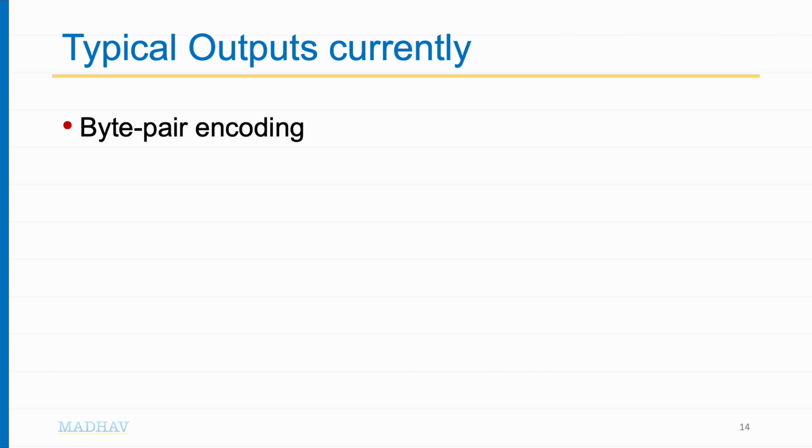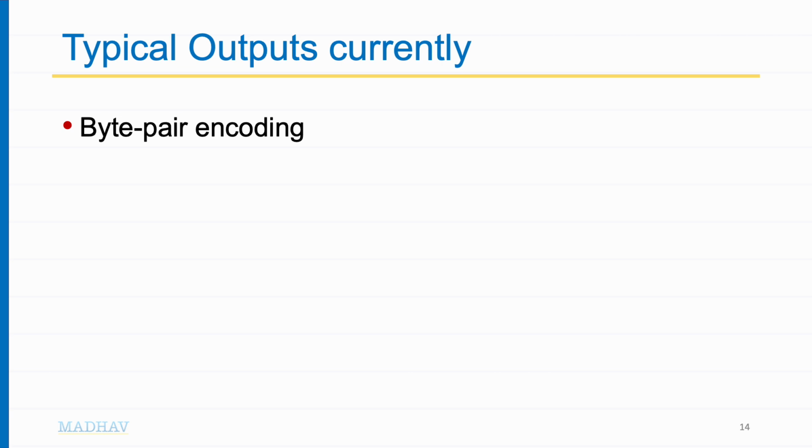So what happens to the number of tokens in my vocabulary? Does it increase or decrease? It increases, because I have added one more new token corresponding to ING. I is already there, N is already there, G is already there, but I have added a new token ING. So the number of tokens in my vocabulary increases.